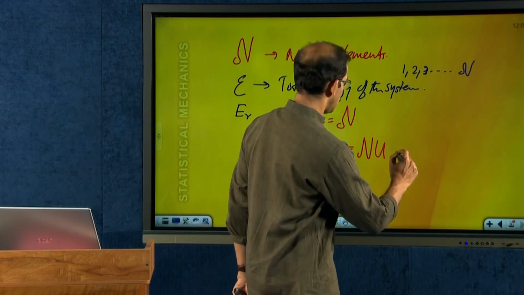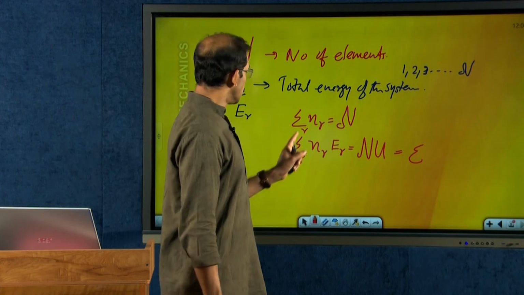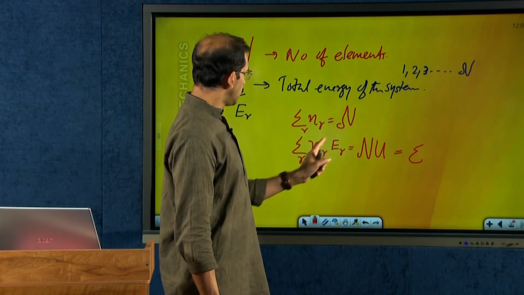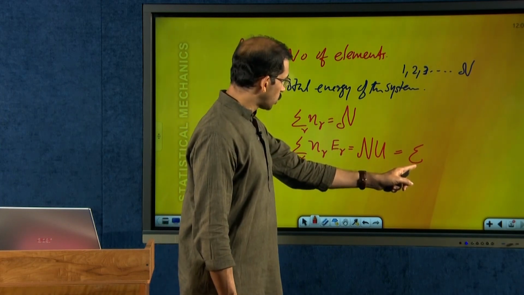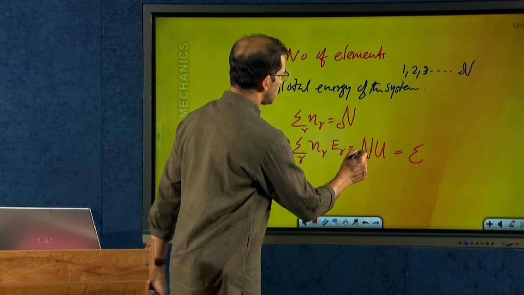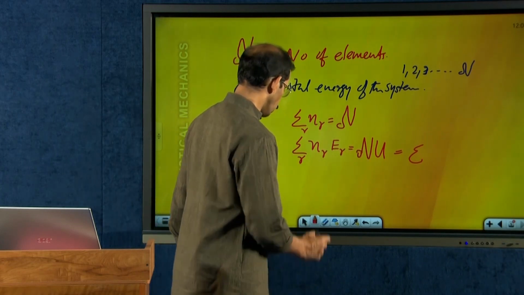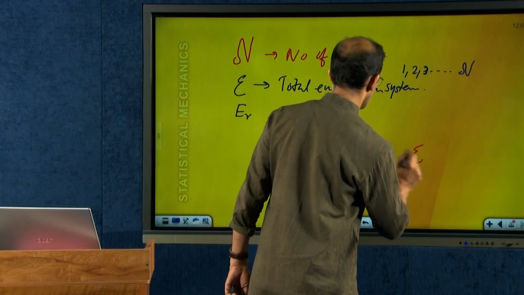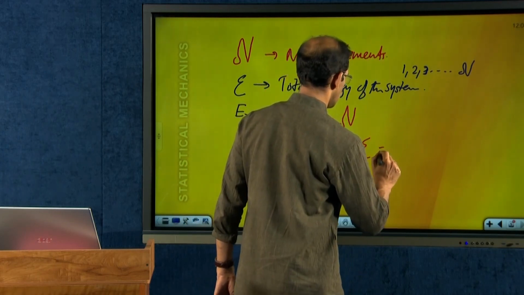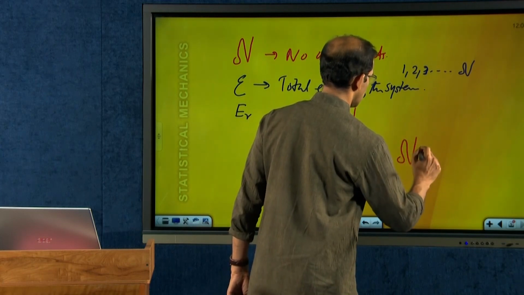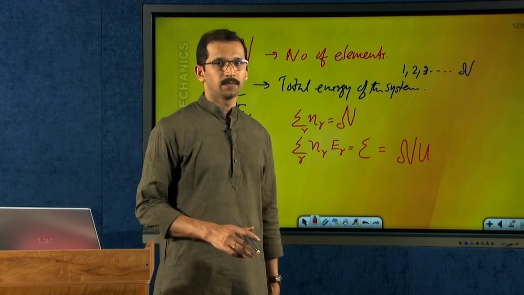This is obviously equal to E. So I should be writing like that: sum over N_R is equal to script N, and sum over N_R E_R is equal to the total energy E, which I can write in terms of script N as script N U, where U is the average energy per element of the system.